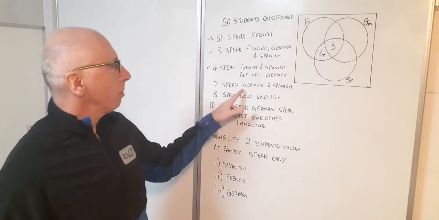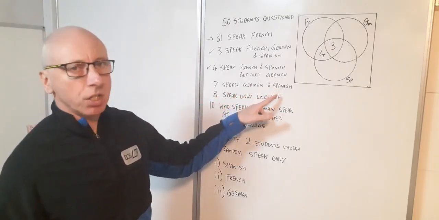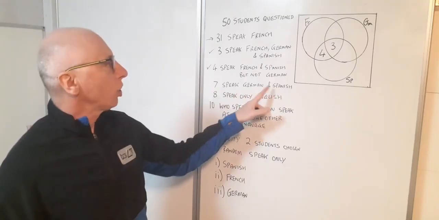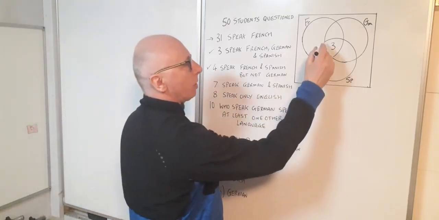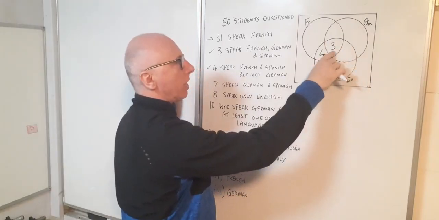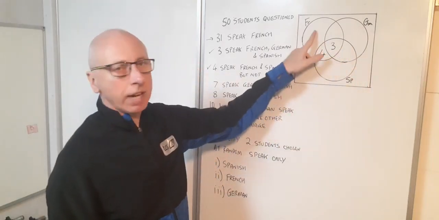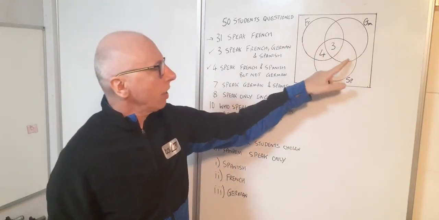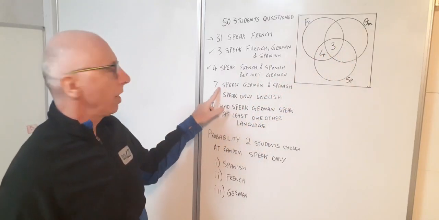Then we've got 7 speak German and Spanish. German and Spanish is this section in here. And we've got 3 here that speak German, Spanish and French. So that total must come to 7 by this information.